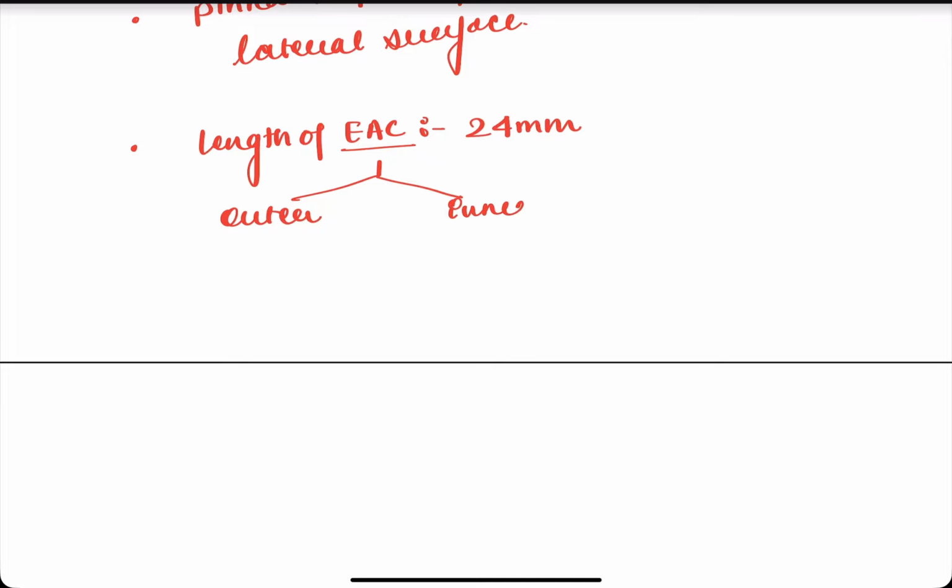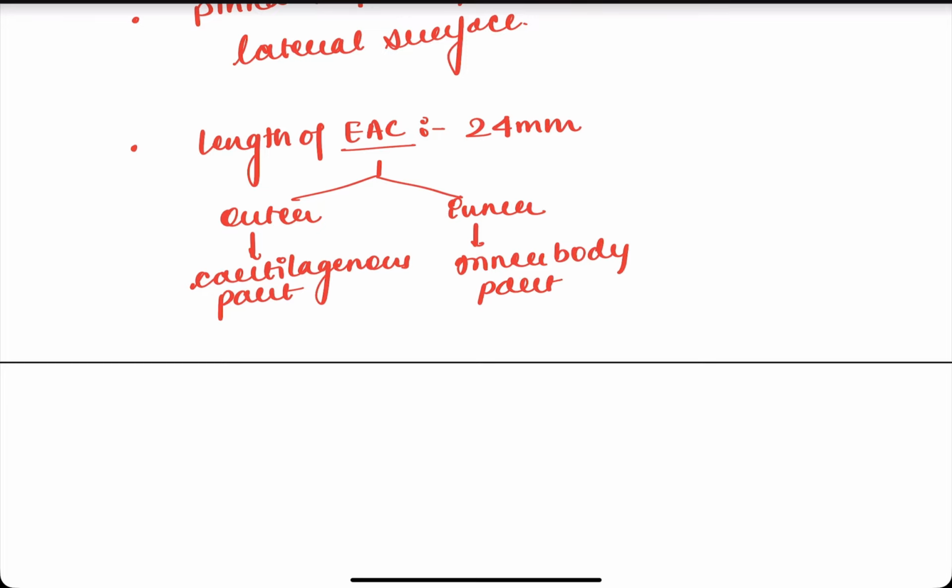The outer part is the cartilaginous part and the inner part is the bony part. This outer cartilaginous part is 8 mm and the inner bony part is 16 mm.